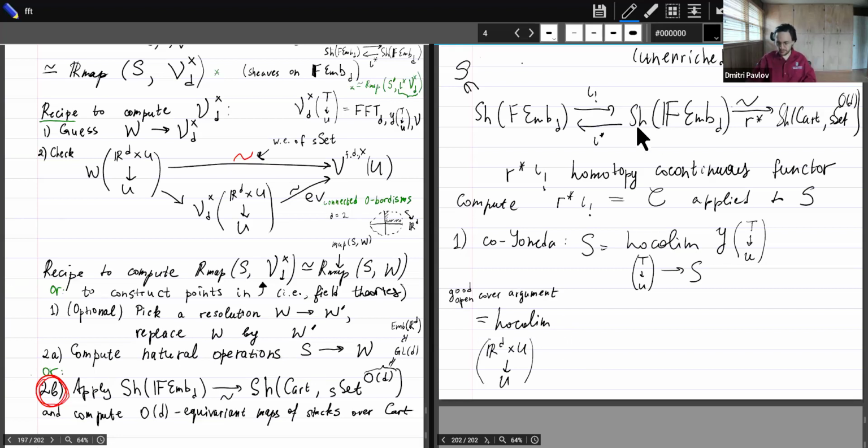Or, a bit more fancy, you could say I can restrict to sheaves on the Cartesian site here. And this restriction map is a Quillen equivalence. So I can compute here instead of here.